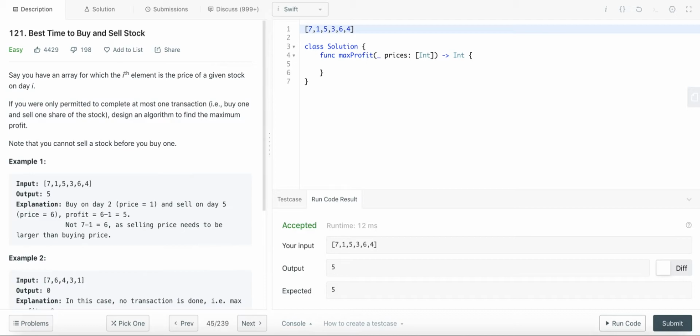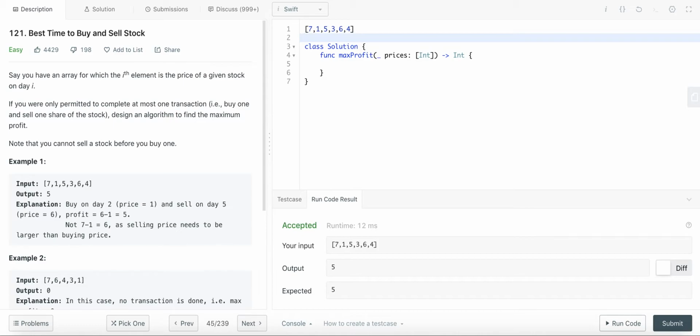Now, intuitively, it would make sense for us to buy at a very low price and sell at the highest price that we can achieve for the stock. We can do at most one transaction. Which means that there's a possibility that there would be no transaction and we would make no profit.